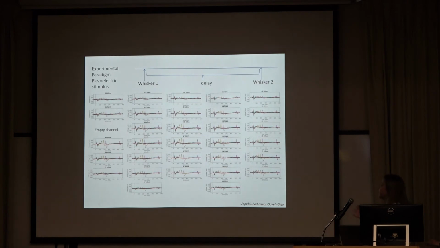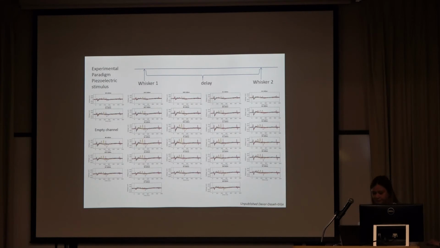Here is another experiment we recorded for electrophysiology. We have two piezoelectric crystals which are deflecting two different whiskers, and there is a delay introduced in between. As you can see through the array, there is a distribution of responses.